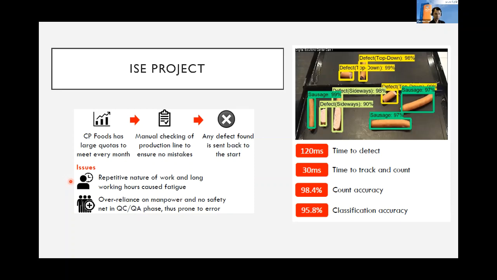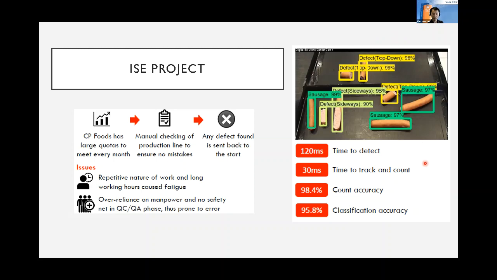One straightforward way of addressing this would be to get a machine to perform this task rather than a human. So what they did was set up a system with a camera above to capture the video feed.